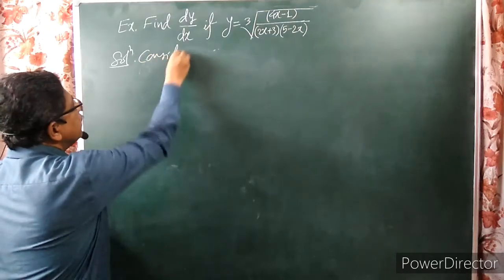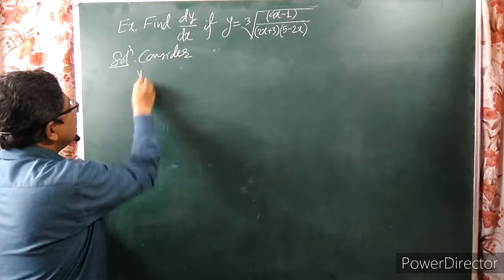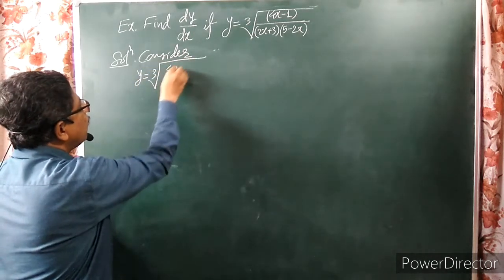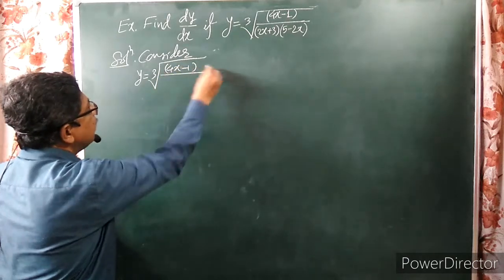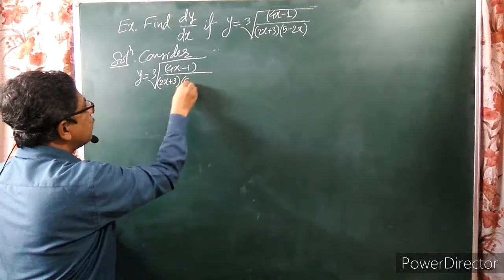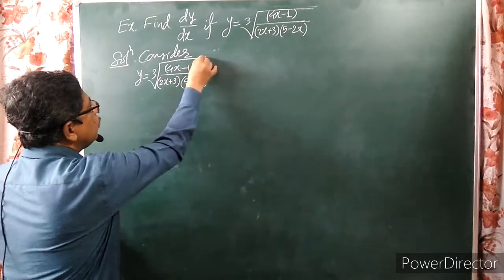We consider the given function y is equal to cube root of 4x minus 1 divided by 2x plus 3 into another bracket 5 minus 2x.